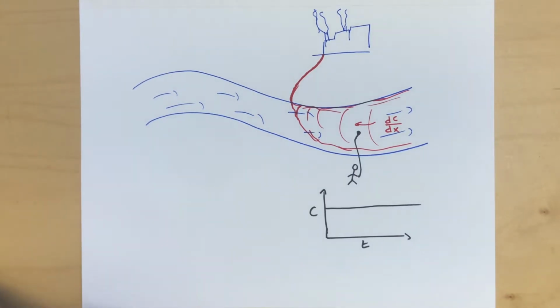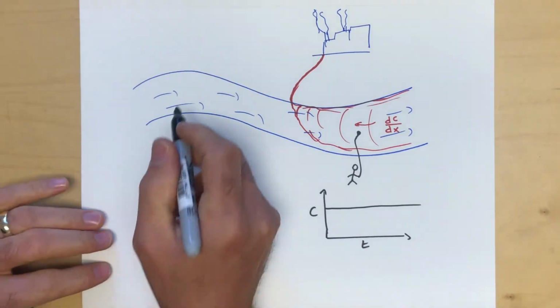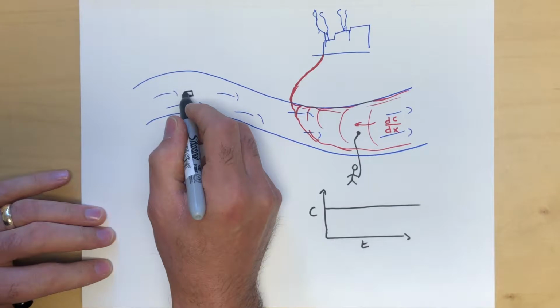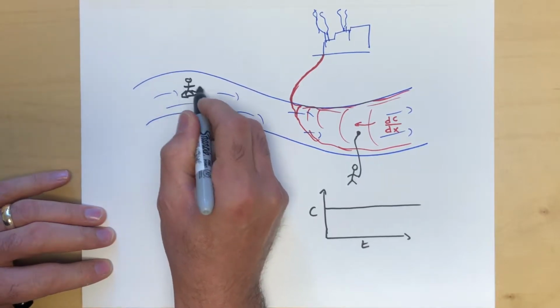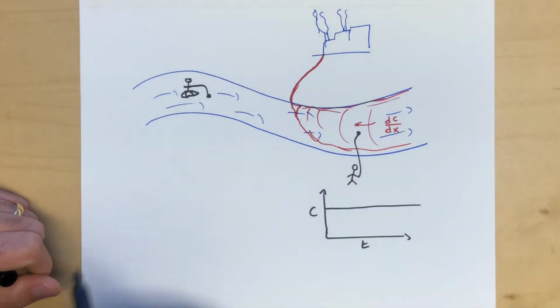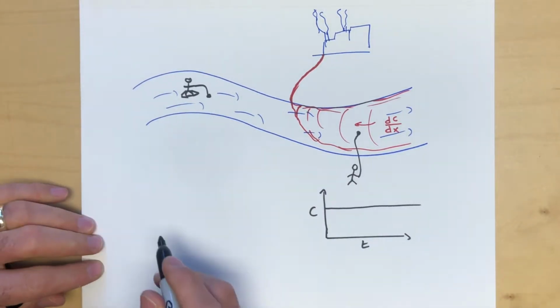Now, let's say you send in another graduate student who is going to take a boat. Say the grad student is into boating, so they're going to be on this little canoe over here, and they're going to throw in the same probe to measure concentration.